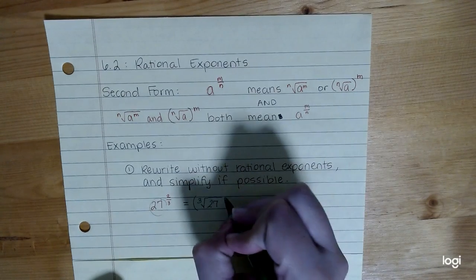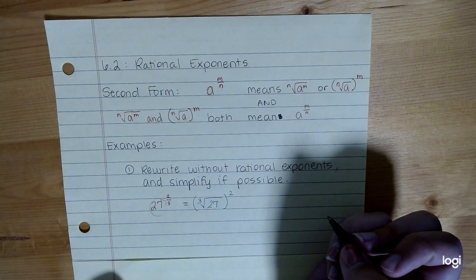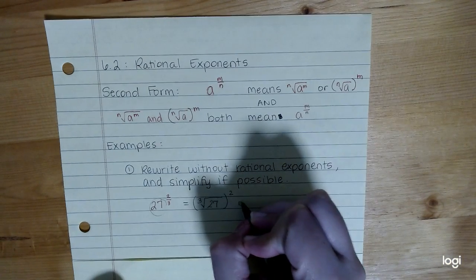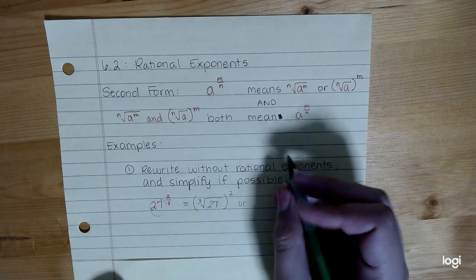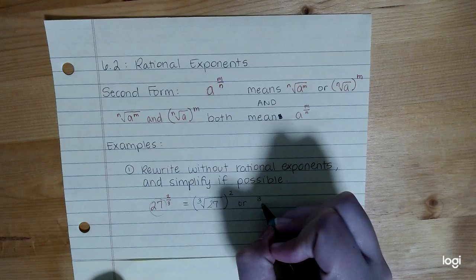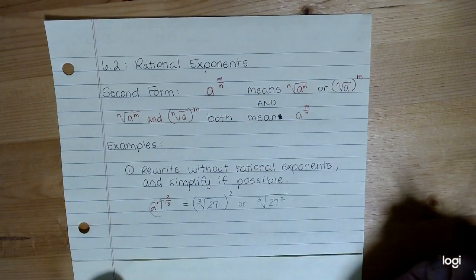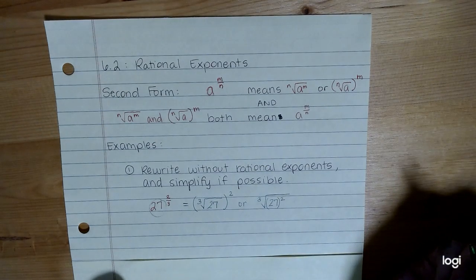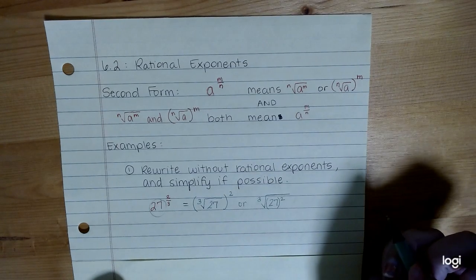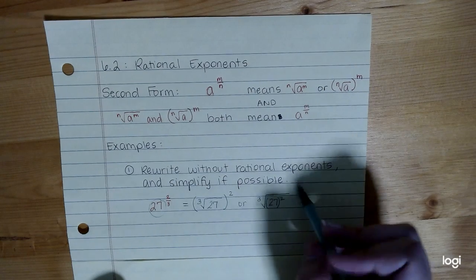The only thing we have to add is that we're raising that entire radical expression to the second power. Or you could have chosen to translate that rational notation into the cube root of 27 squared. So you're going to take your base and put it underneath that radical and then raise it to the second power. Now, hopefully we can start to see that this can definitely be simplified.